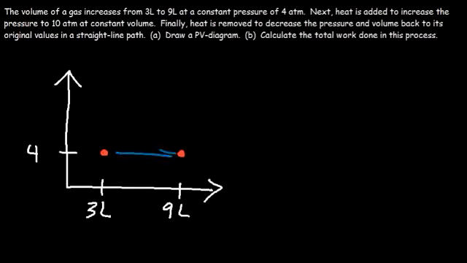So we're traveling in this direction. Let's call this position A and position B, or state A and state B. Next, heat is added to increase the pressure to 10 atm.